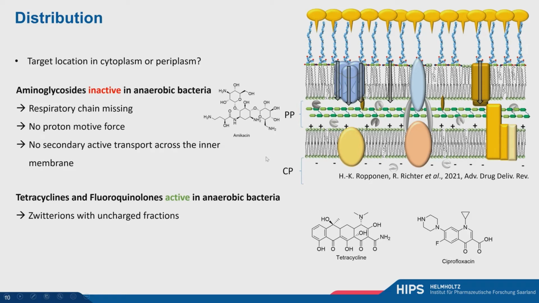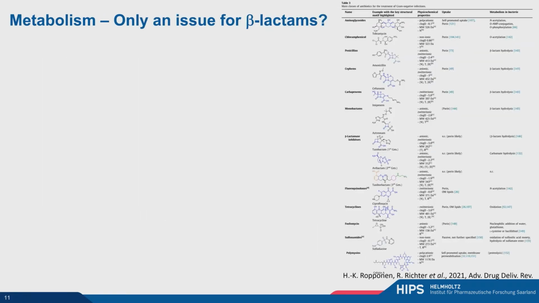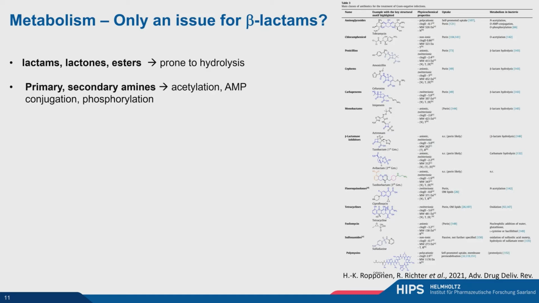So to conclude, the optimal bioavailability of drugs is very dependent on numerous factors. It depends on the outer membrane proteins that are there. It depends on the enzymes that are there. So in the end, it depends on the species, on the strain, on whether the bacterium is already resistant or not, and what kind of resistance this is.